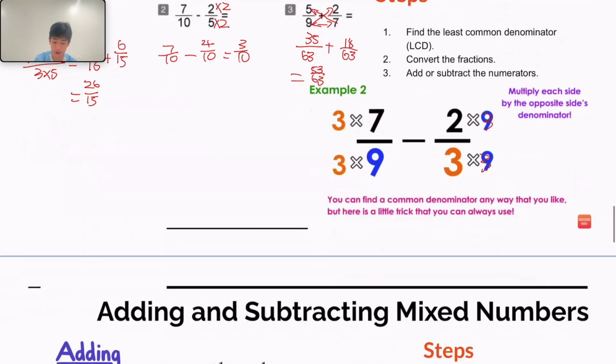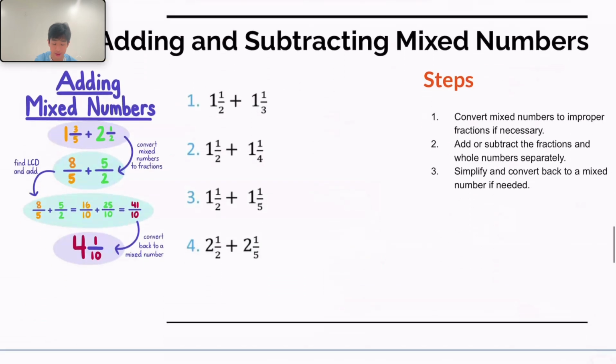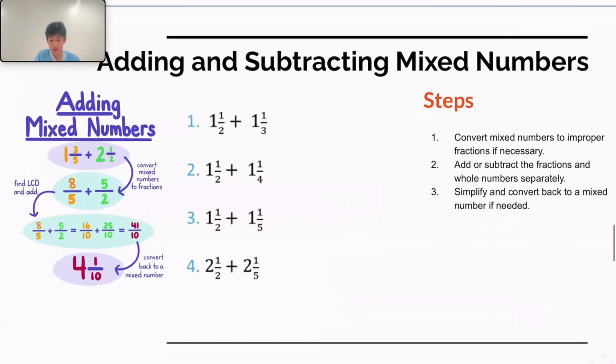Let's take a look at the other example, adding and subtracting mixed numbers. In this case, we have to apply all the rules we saw in earlier slides. First, you have to convert the mixed number to an improper fraction if necessary. Add and subtract the improper fractions and the whole numbers separately. Basically, first you convert it into an improper fraction as in the example here.